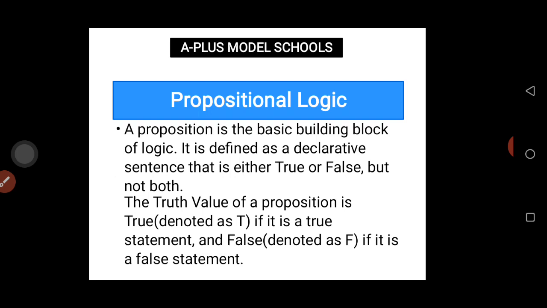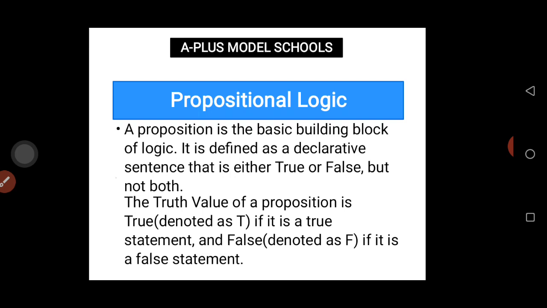So it can only be false or true, but cannot be both. And the truth value of a proposition is true, which is denoted as T, if it is a true statement, and false, which is denoted as F, if it is a false statement.